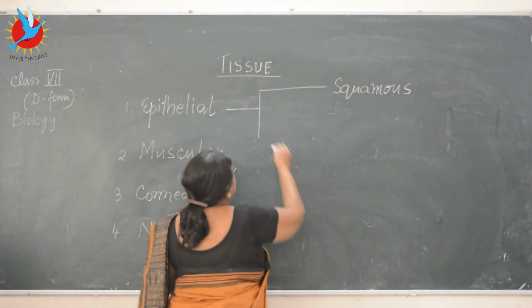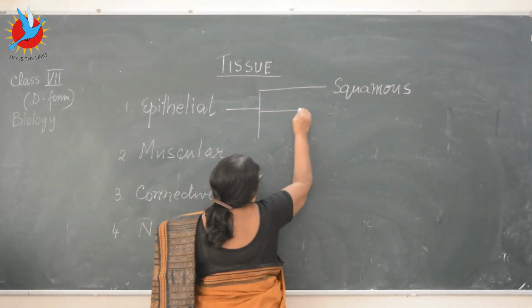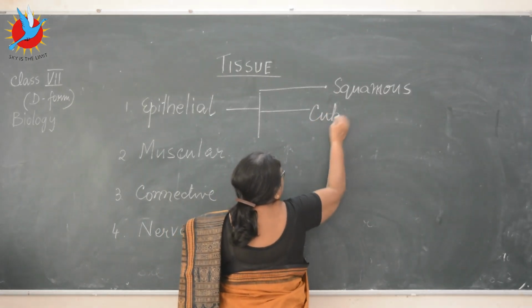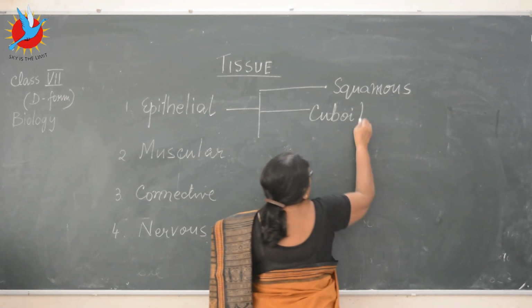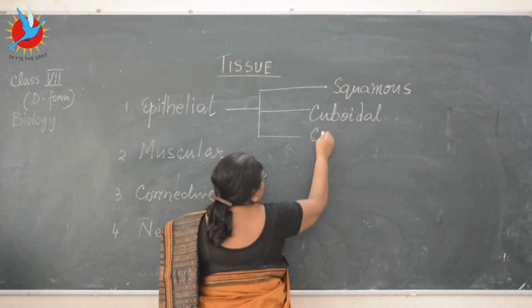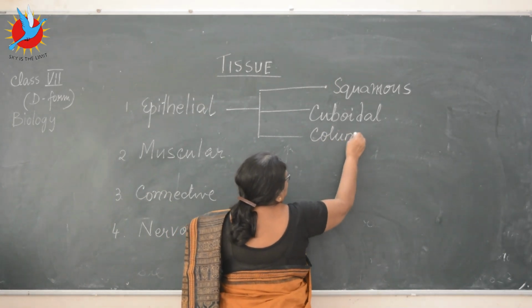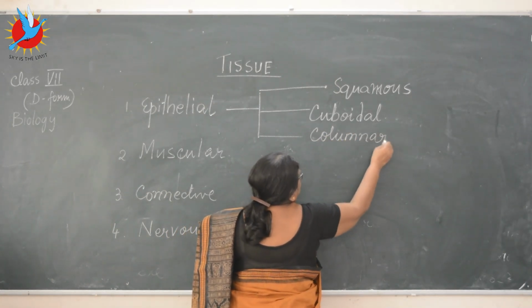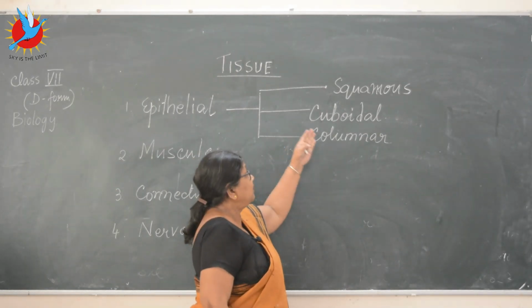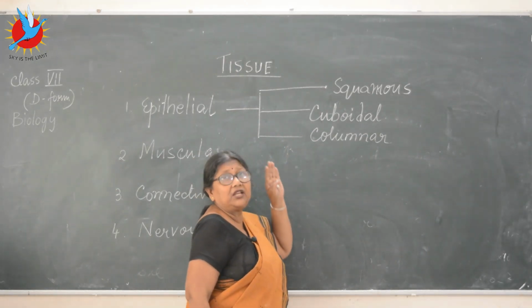Squamous epithelial. Basically, according to the structure, 3 types: squamous, cuboidal, and columnar.